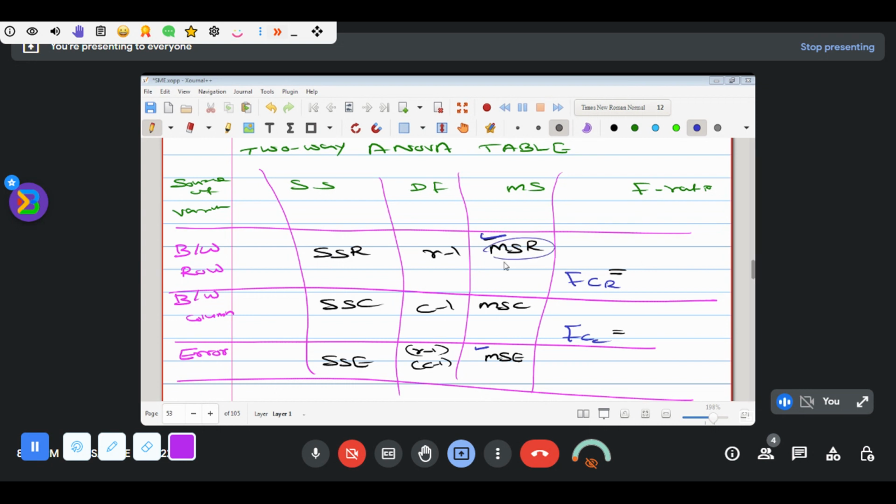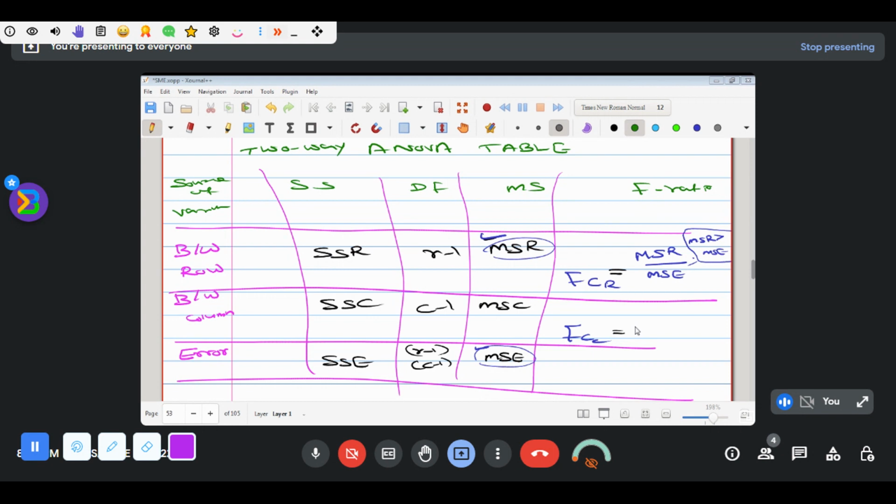You compare MSR and MSE. Maximum I am taking, this one is the maximum value, therefore I take MSR divided by MSE in the denominator. Here MSR is greater than MSE, that's why I am writing this formula. Suppose MSE is greater, then you put it in the numerator and MSR comes to the denominator.